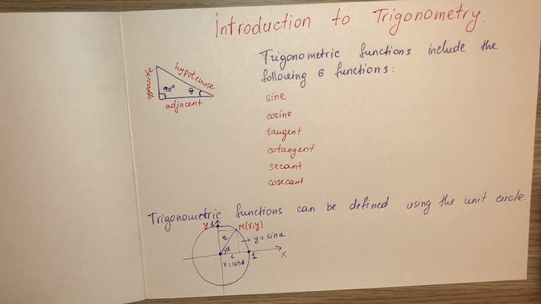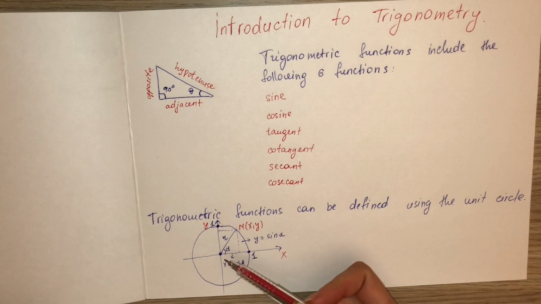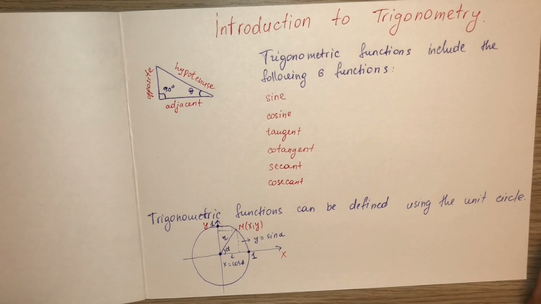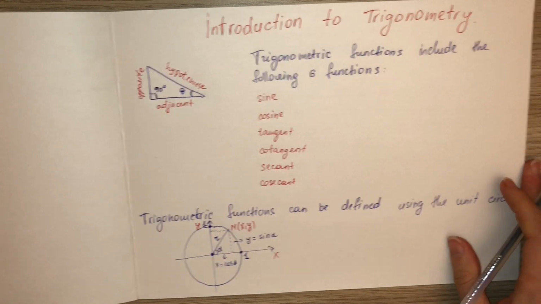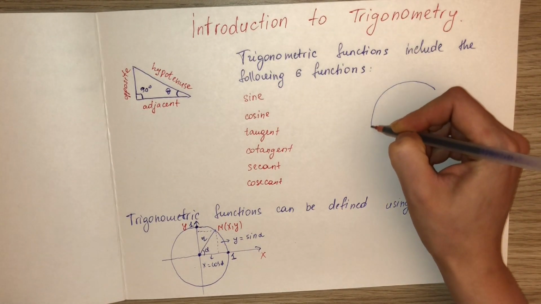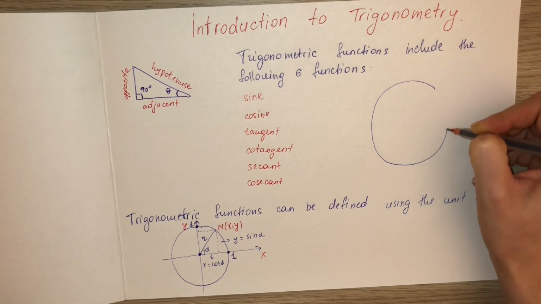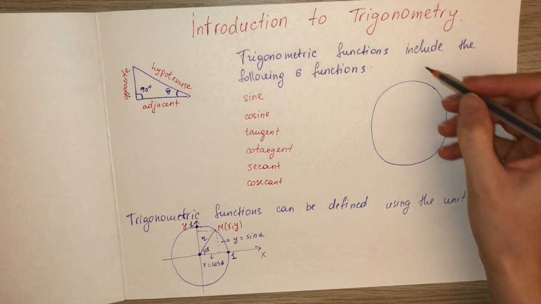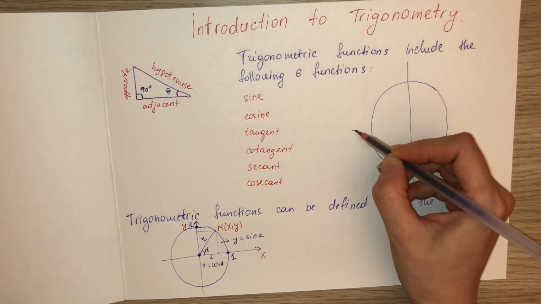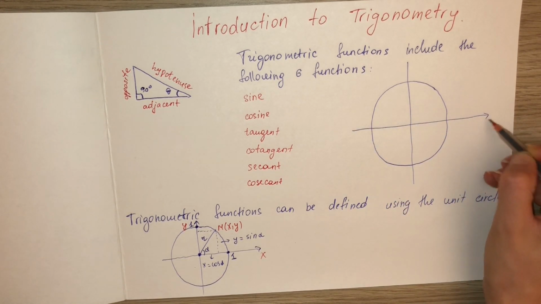Trigonometric functions can be defined using the unit circle. So this is our unit circle. Can you see it clearly? Let me draw the circle here. Okay, I think it will be more clear. And this is the y-axis, this is the x-axis.